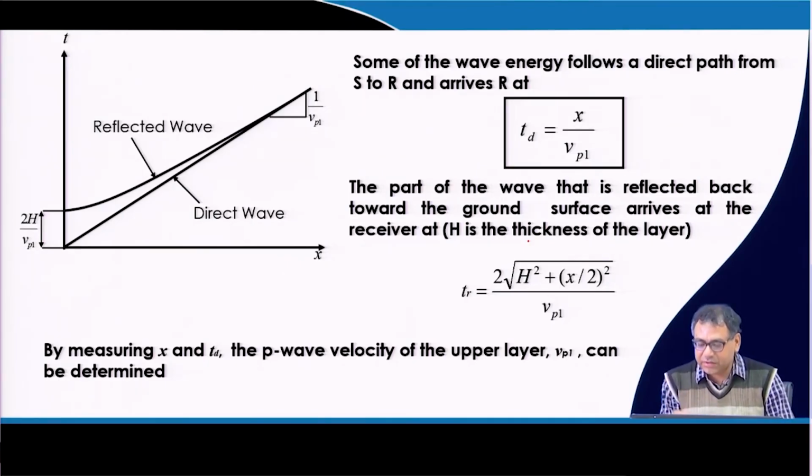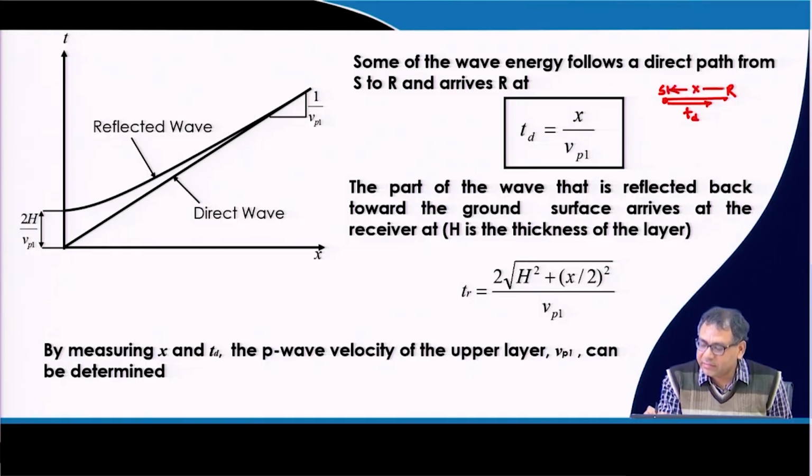So, the expression of the direct wave, suppose this is my source and this is the receiver. So, the direct wave, this is the T d, and this is the distance x.